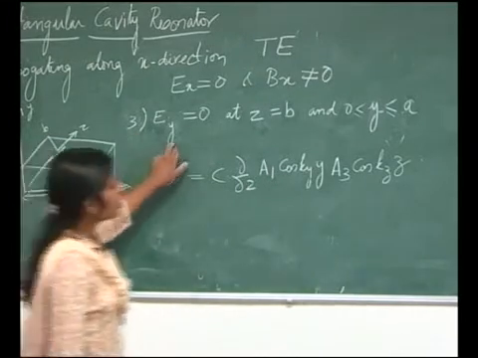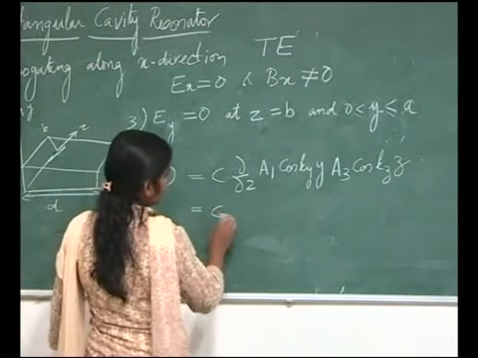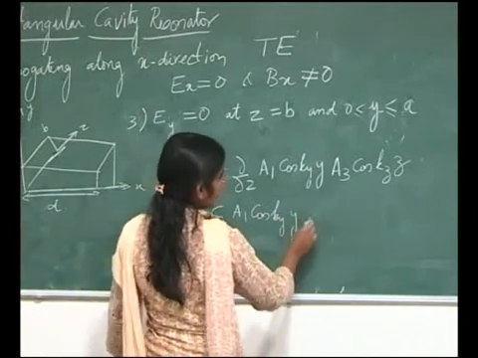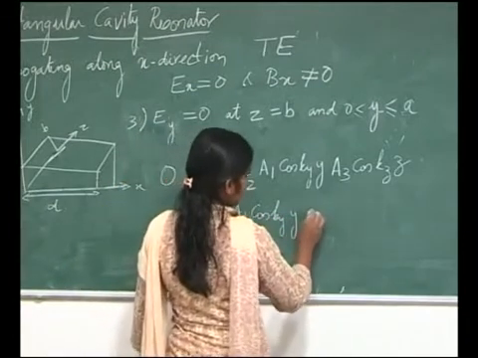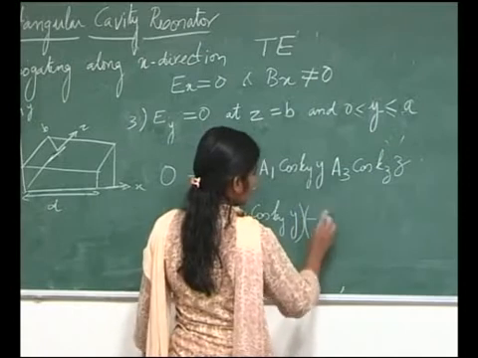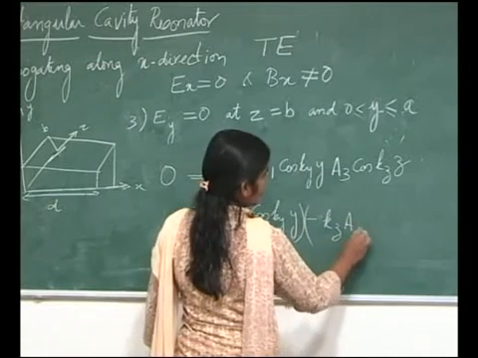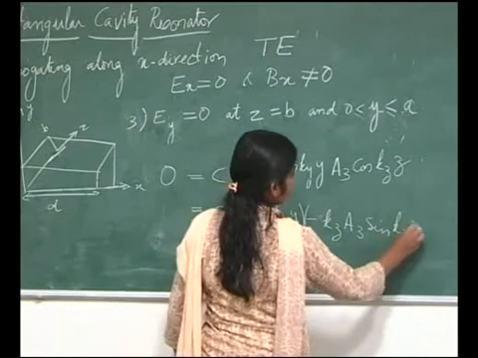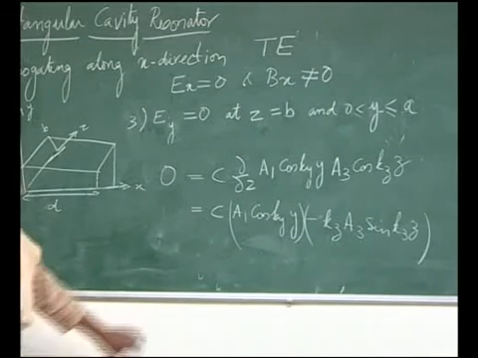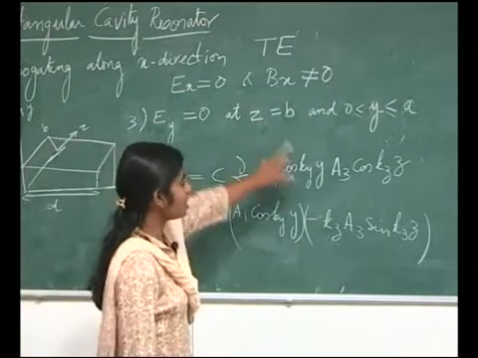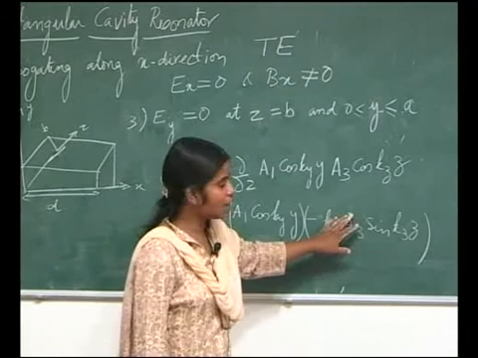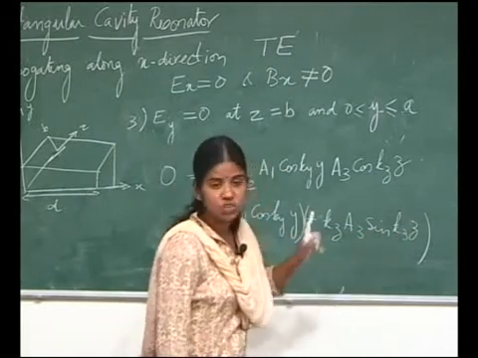Now I differentiate this, so I have C a1 cos ky y and minus kz a3 sin kz z. This is not equal to 0. Now at z is equal to b, if this constant is not equal to 0, I am not sure what the value is, but at least sin kz b should be equal to 0.